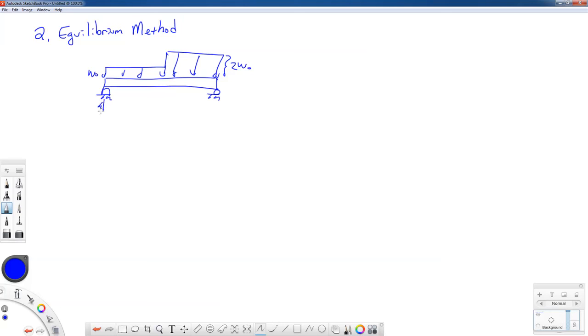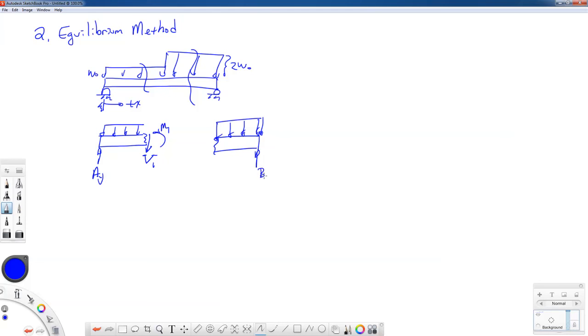If we have our coordinate system starting on the left hand side going to the right, we can make a cut inside section 1 and find our internal shearing force and our bending moment as a function of position X. And then we can cut inside region 2 and find our internal shearing force V2 and our internal bending moment M2 as a function of position X in that region.